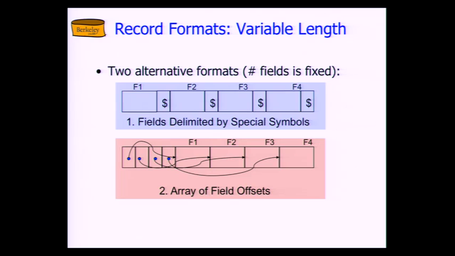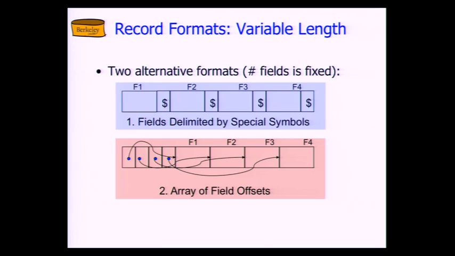Yes? F4? Well, you'd have to know before you went and got it. So if you're looking at F1, you know where the beginning of F1 is, and you know the beginning of F2 is. And you keep both of those in mind as you go get F1. For F4, there's probably a missing thing, which is an end of record pointer. So I think you're right.